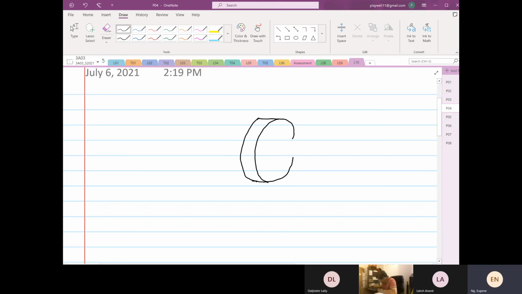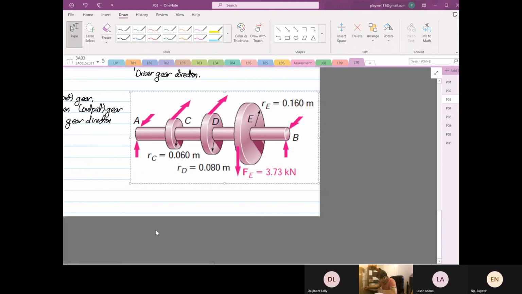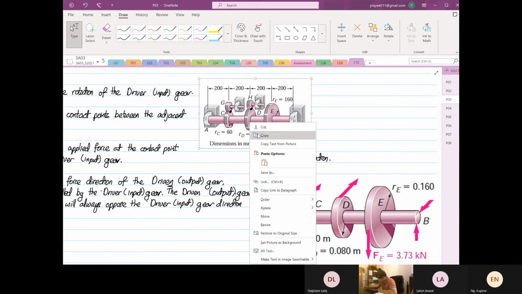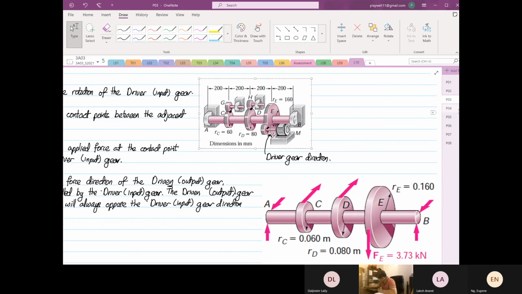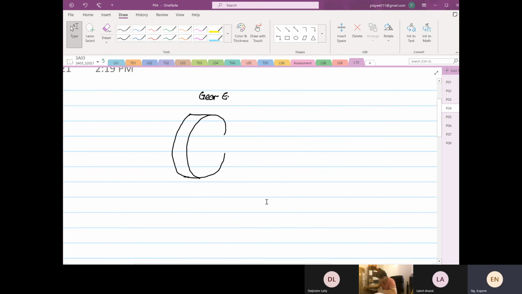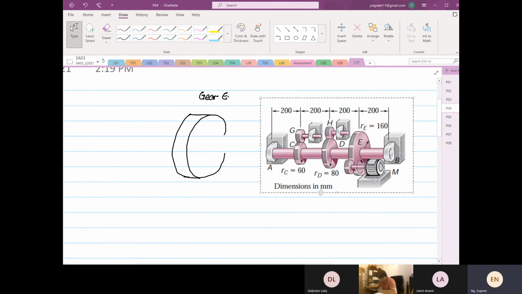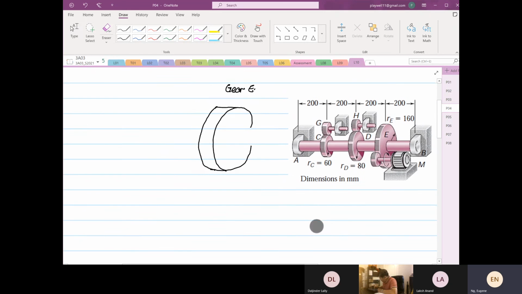I'm not very good at sketching. This is our gear E. I'll show you what diagram I'm referring to, so you can follow what I'm trying to draw.